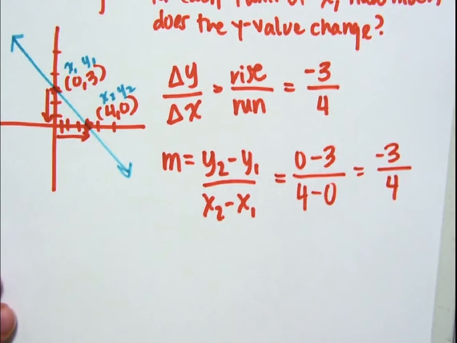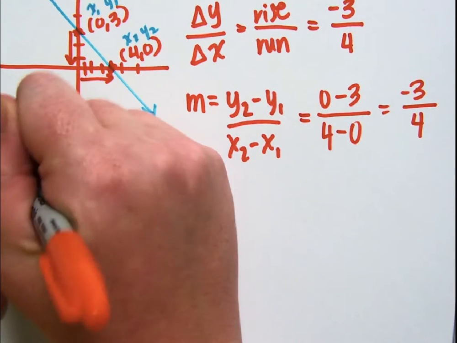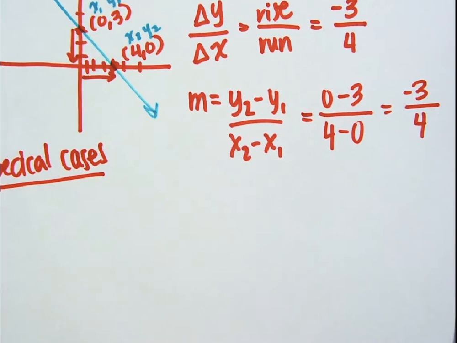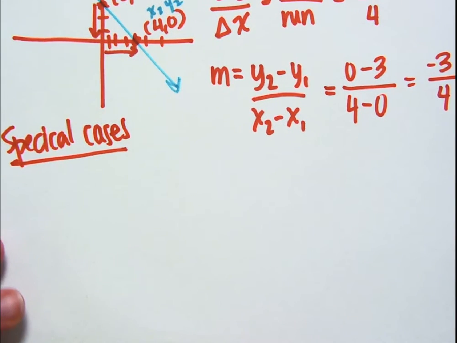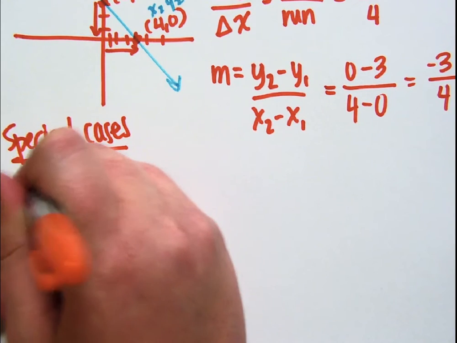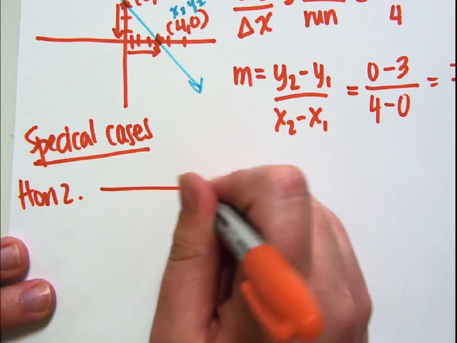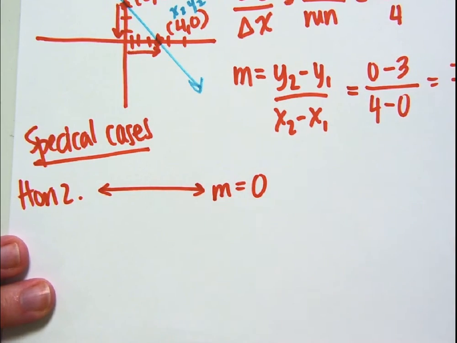There's a couple special cases to talk about with lines. They're the type of lines that have irregular or special slopes. The first one is the horizontal line. A horizontal line will always have a slope of 0.